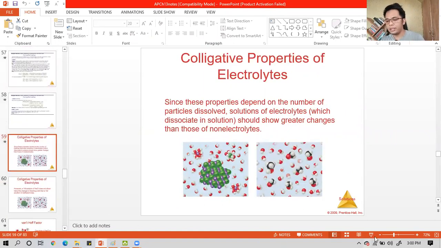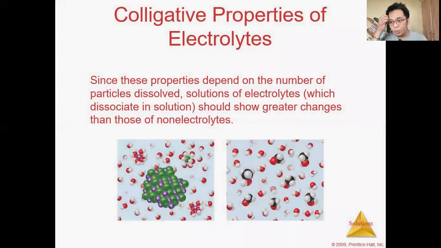Now, the colligative property of electrolytes: when we say electrolytes, they exhibit ionic bonding. So what are the examples of electrolytes? Those are completely dissociated in a solvent, let's say water, that tends to interact with the solvent. So magkakaroon tayo ng solvent and solute interaction.